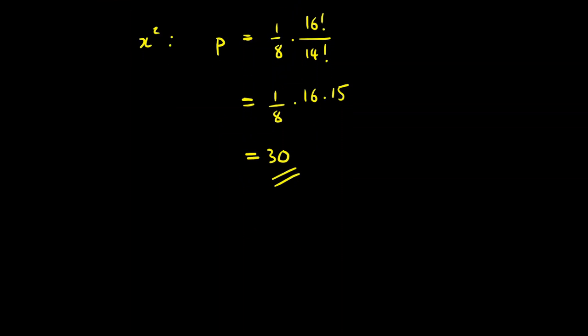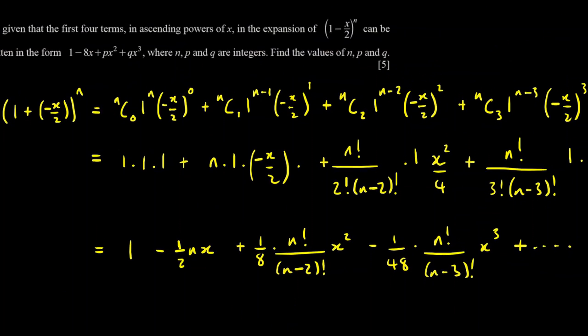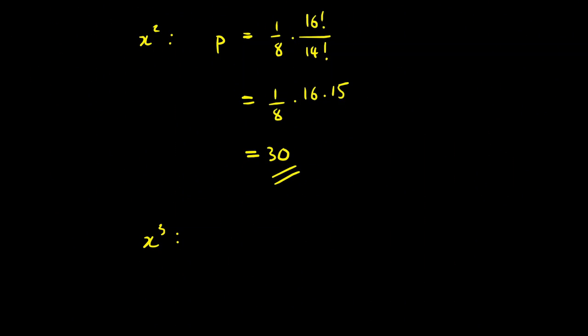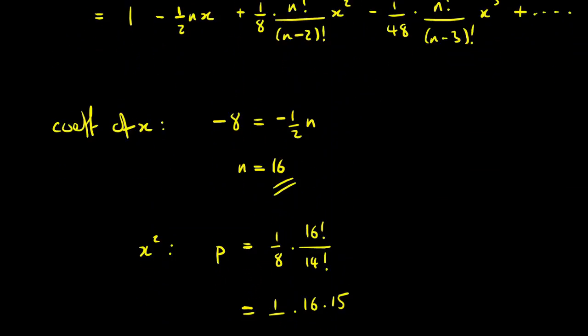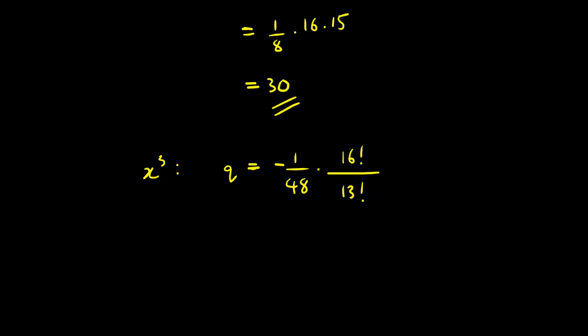Right? All right, then lastly, we can compare the x cubed term. And the x cubed term was q. And if we compare that with what we got, that is negative 1 upon 48 times n factorial, which is 16 factorial, over n minus 3, which is 13 factorial. And again, using the same principle, 16 factorial divided by 13 factorial is just going to leave us with 16 times 15 times 14, right?